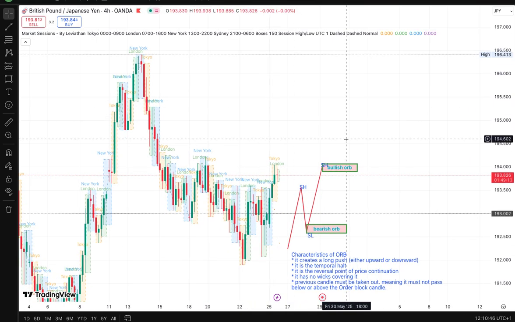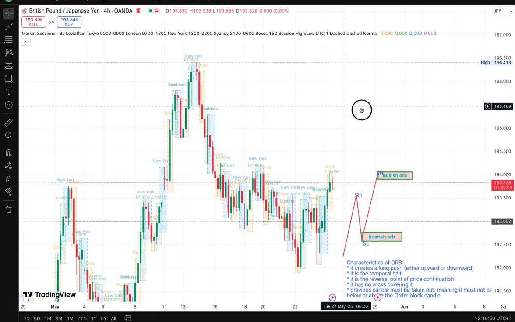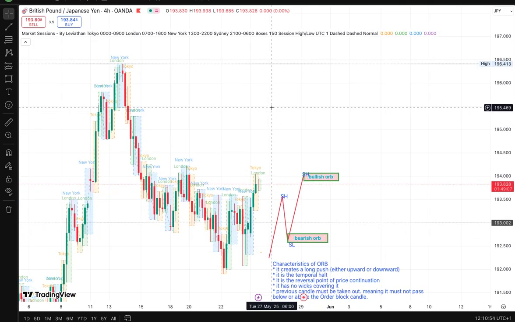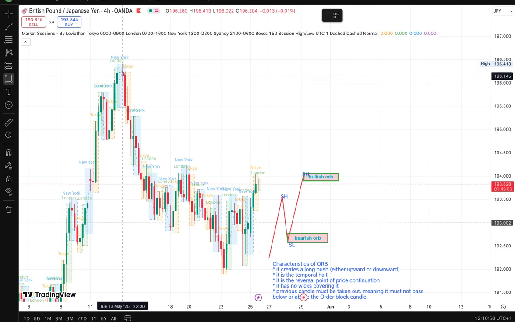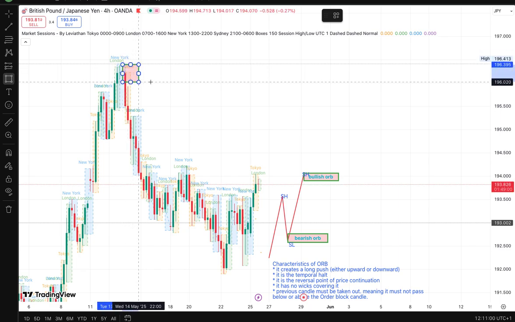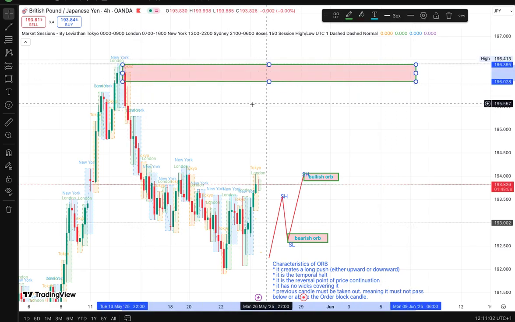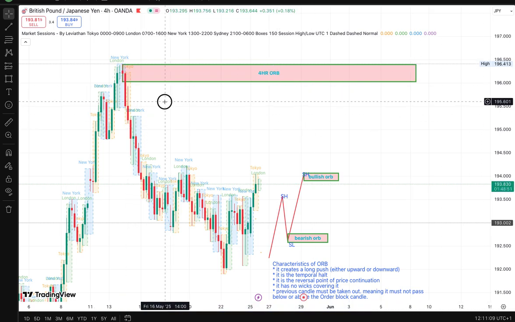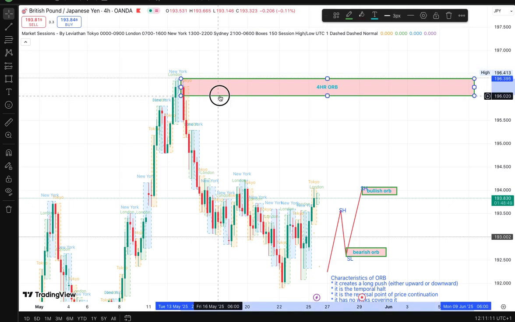This is an order block. Now look at this candle. This very candle here is the order block. From here to this point, I just map it out, okay? So this is 4 hour ORB. Why is it 4 hour ORB? Let me shift it to the front first.